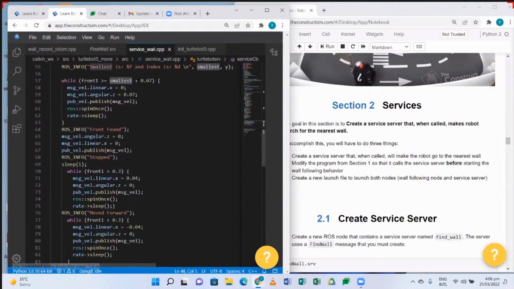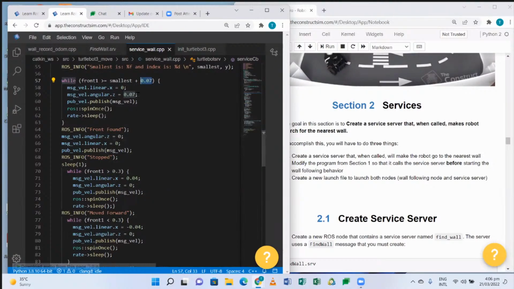Now this is a while loop in which the front must be greater than smallest plus 0.07. Here I have kept a margin because I am assuming that if the robot doesn't rotate about its axis, there can be a difference in distance.